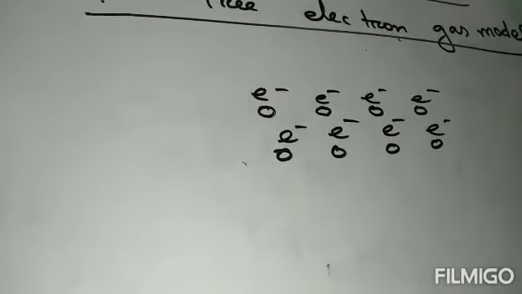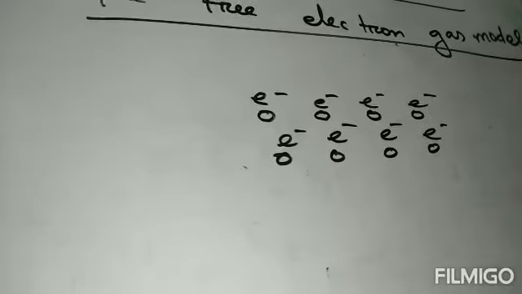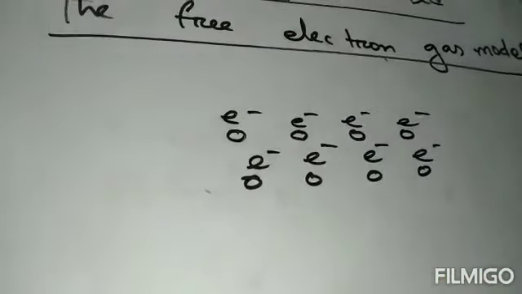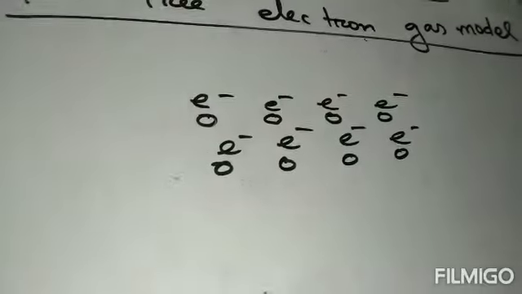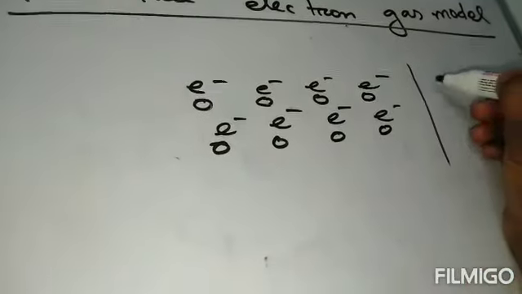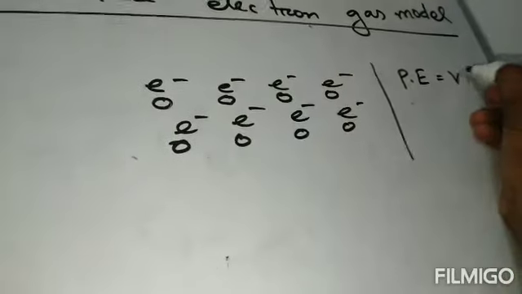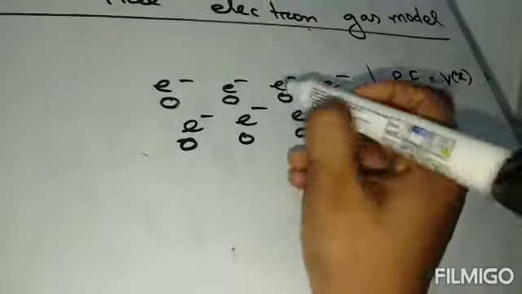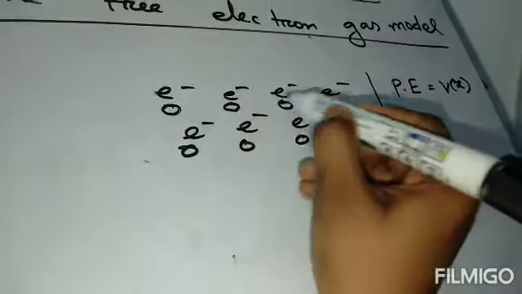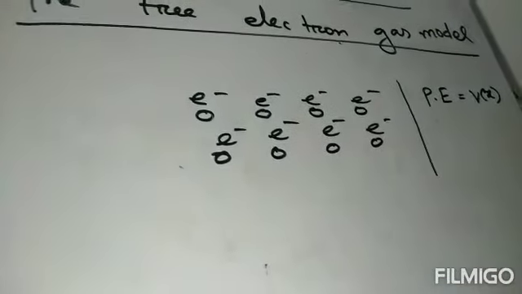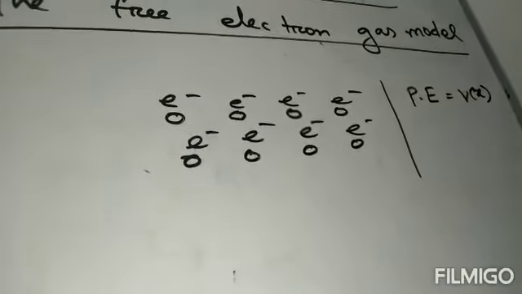So in the free electron gas model, the potential energy V(x) is independent of x.